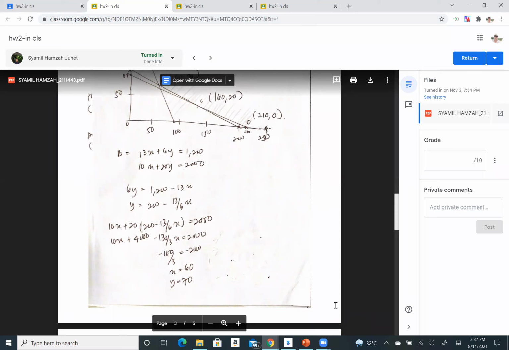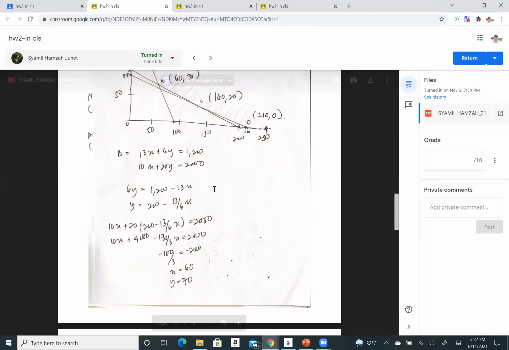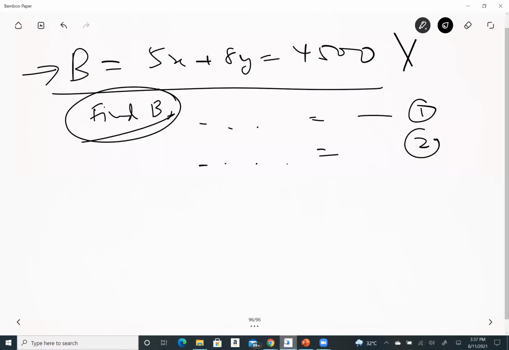The question is 3 of x squared. So you have y equal to this, and then you substitute into number 2. From number 1, you got y equal to whatever, and then substitute into number 2.